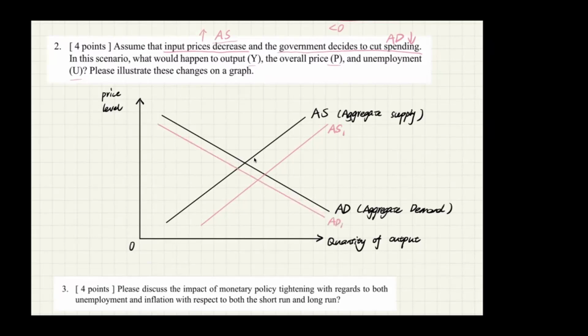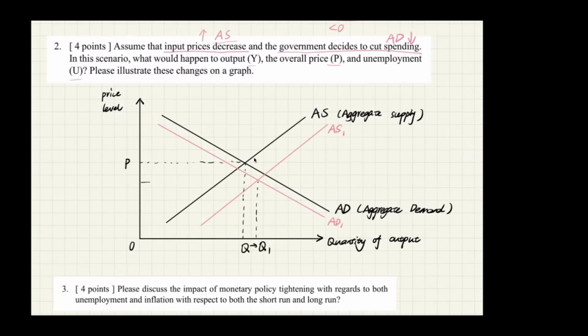So now let's look at the difference. The initial equilibrium quantity is here, and the initial equilibrium price here. And then because of the shift of aggregate supply and aggregate demand, the quantity level increases, right?